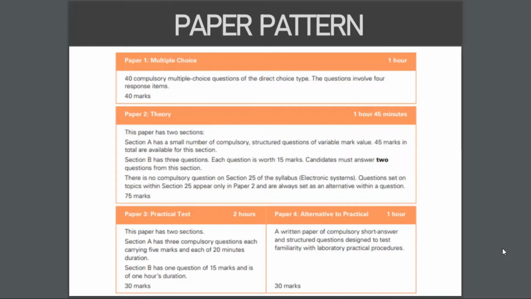It is different from the practical test in that it is a written exam in which you'll have short structured questions testing your knowledge about the practical or laboratory experiments. So these are all the papers which will be in this exam.